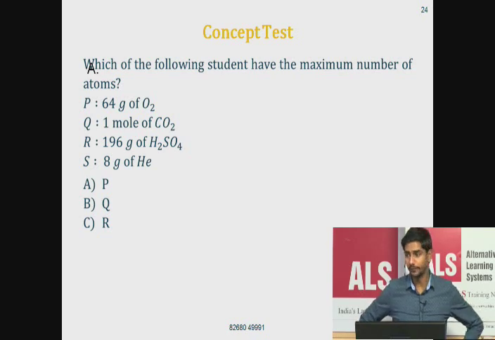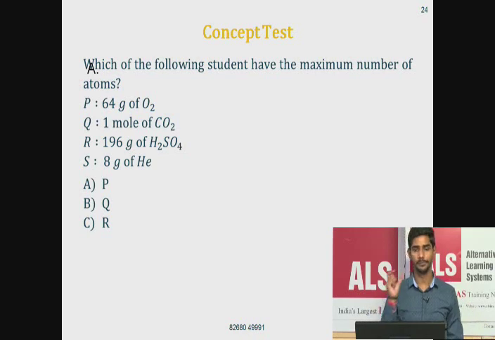Calculate moles in every case, then multiply it with the number of atoms in the molecule and with the Avogadro number to get the exact number of atoms. To answer this type of question, you need not multiply with the Avogadro number. Just take it as a constant, but the rest of the values you can calculate. Are you getting what I'm trying to say?